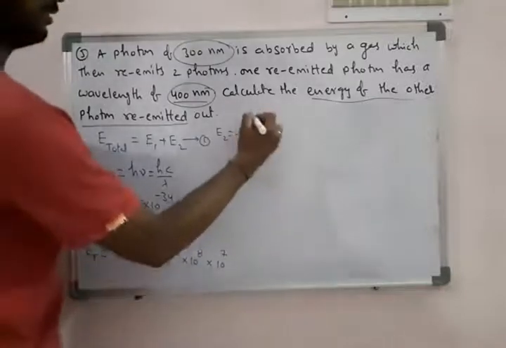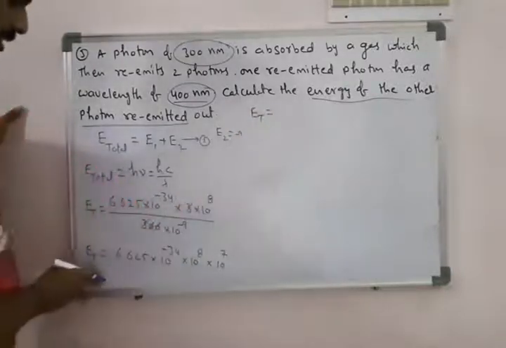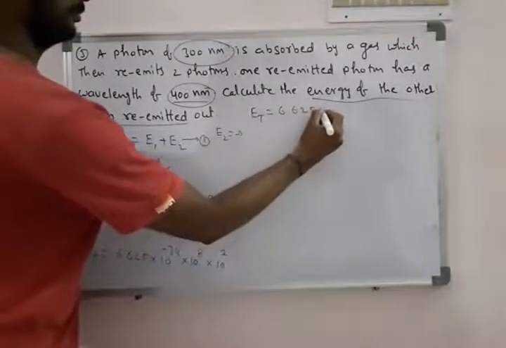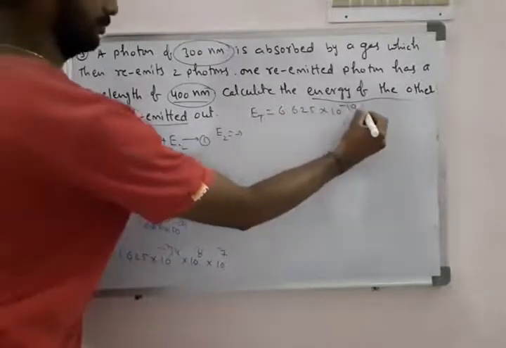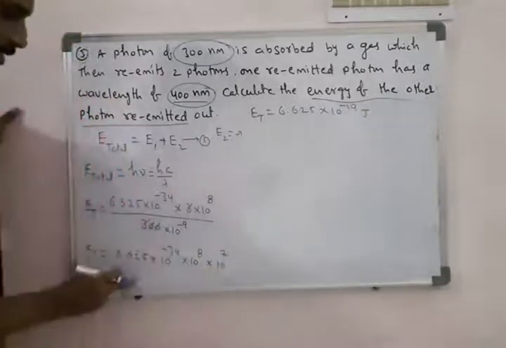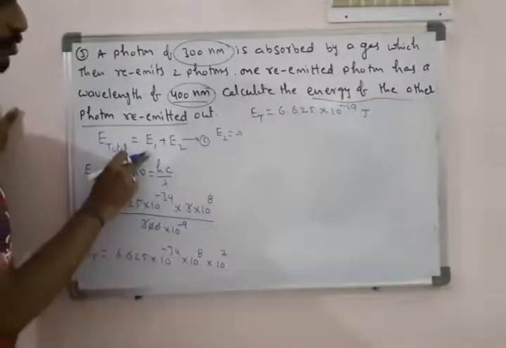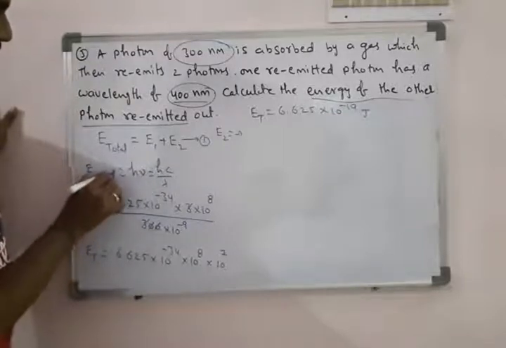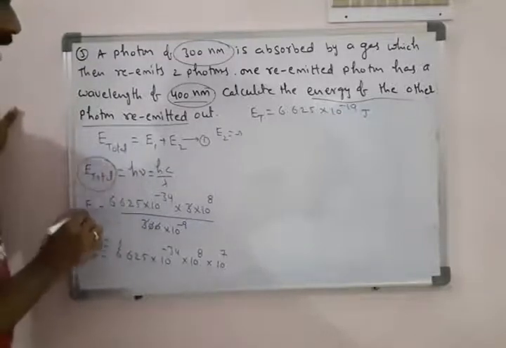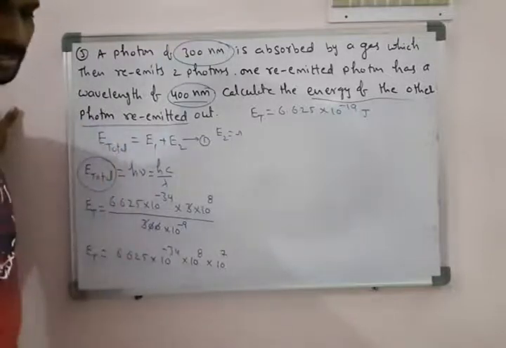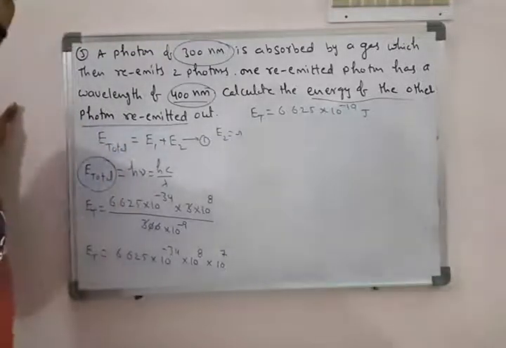So we write here that the total energy obtained is 6.625 into 10 to the power minus 19 joules. Next we need to find E1. We already calculated E total, and to calculate E2 we need E1.